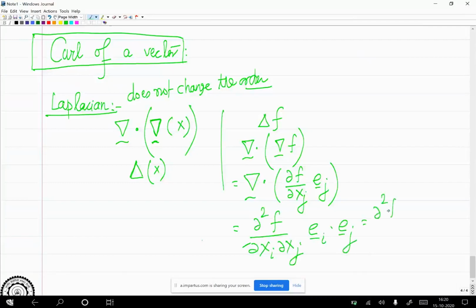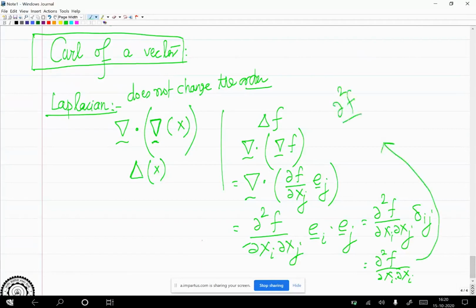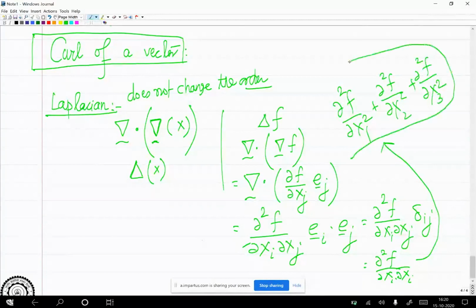Which is del 2f over del xi del xj delta ij, which is del 2f by del xi del xi. You must have seen that this is the Laplacian. If you expand it fully, it is del 2f by del x1 squared plus del 2f by del x2 squared plus del 2f by del x3 squared. So this is the Laplacian that you have seen.